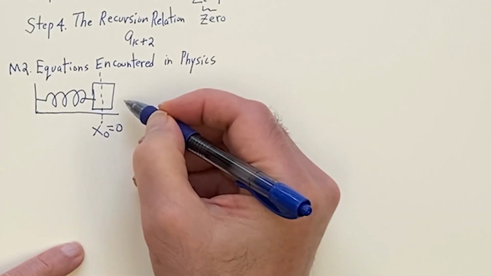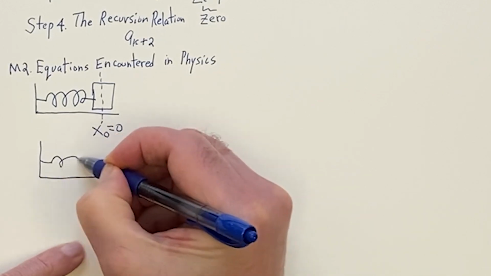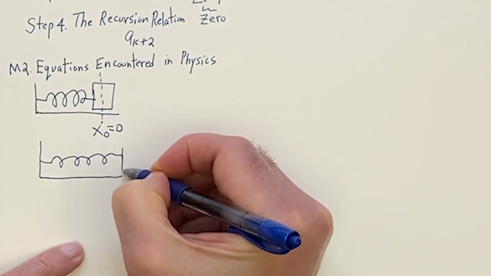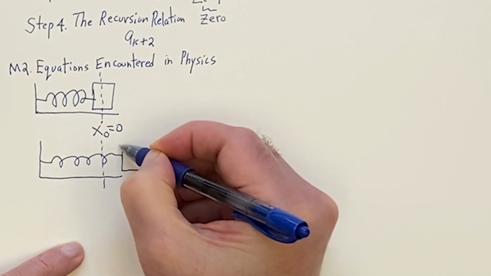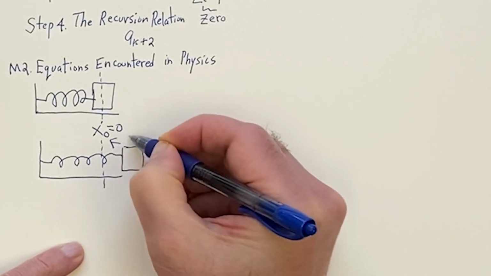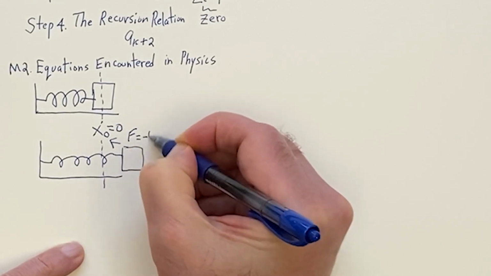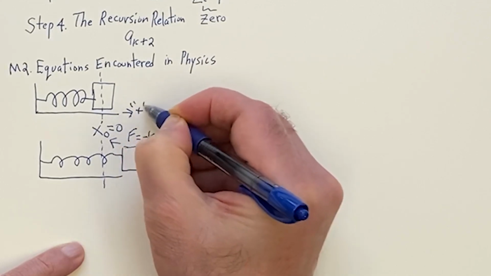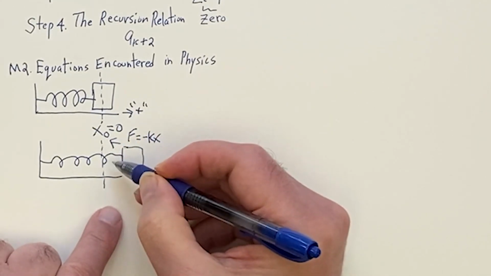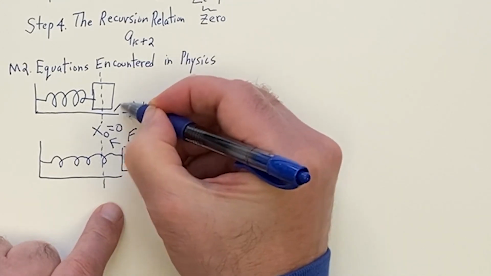And then when you stretch it out beyond the 0 point, there's a force, the kx force. F is minus kx. If to the right is the positive direction, then this would be in the negative direction, pulling you back. And you can also have friction.